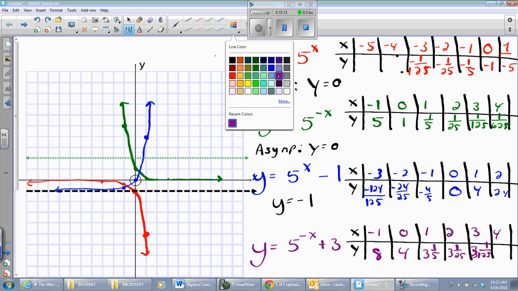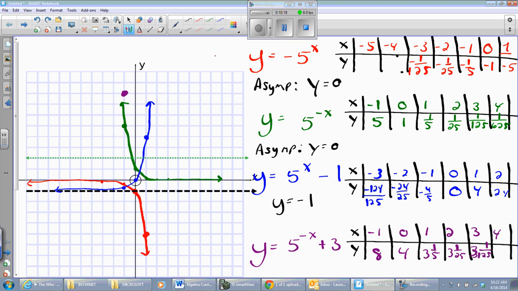So, in the purple, negative 1 is up here at 8. 0 is at 1, 2, 3, 4. 1 is at 3 and 1/5. And then it starts to hug the x-axis, or the asymptote y equals 3. And again, it'll never cross.